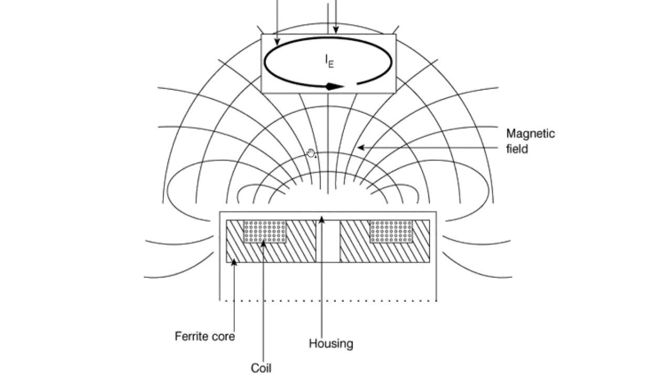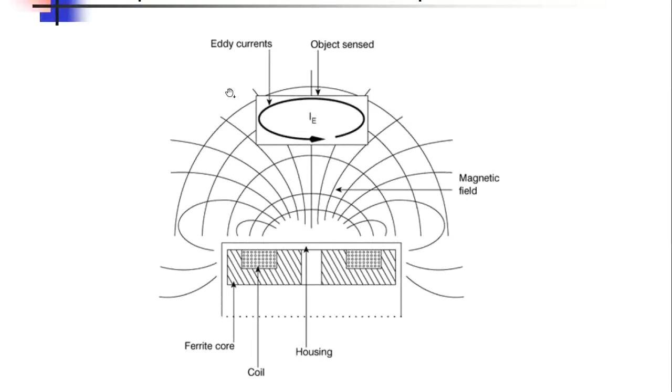Now, if an object is moving down past this sensor, the magnetic field is going to induce a current into this metal object.